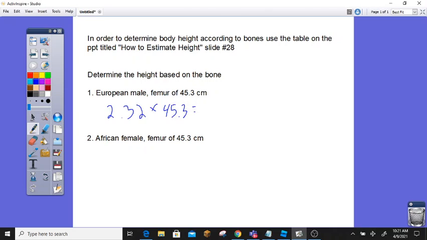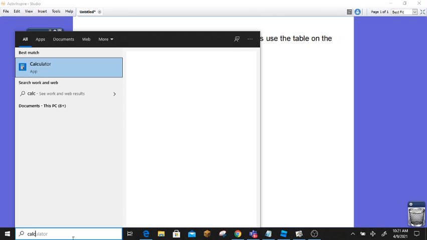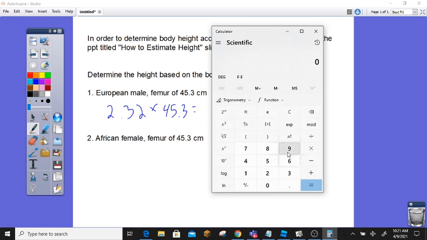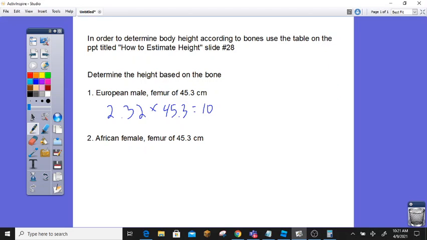And when I multiply that, let's get a calculator here. 105.096.